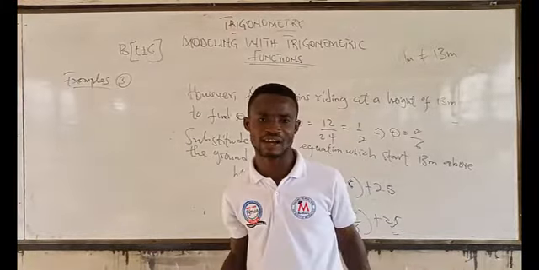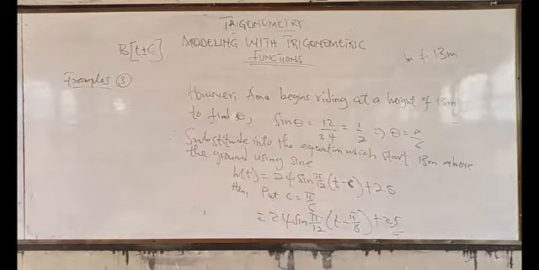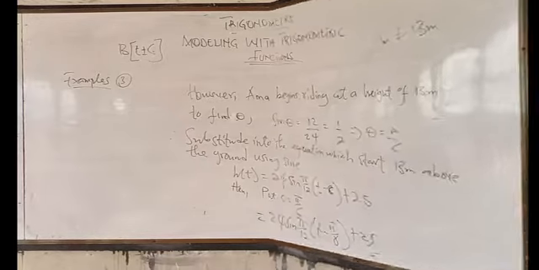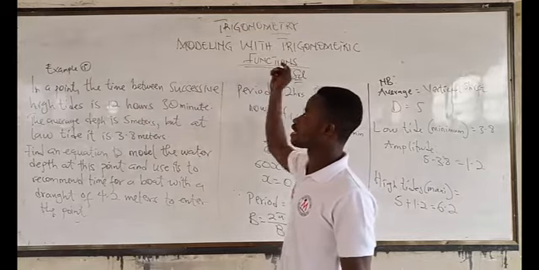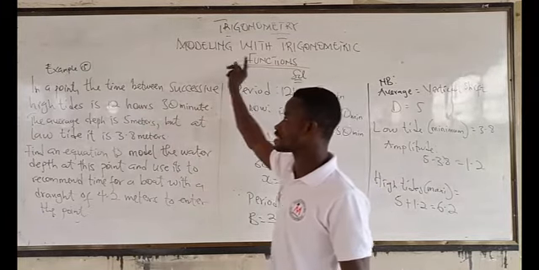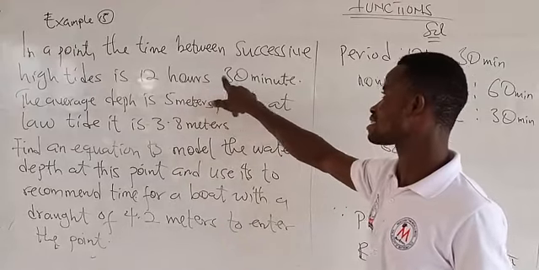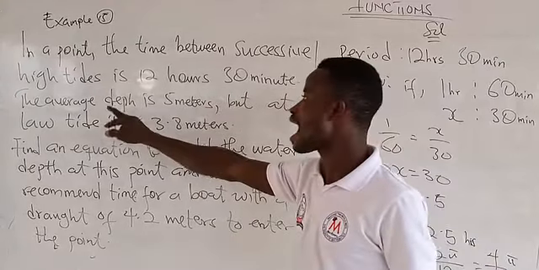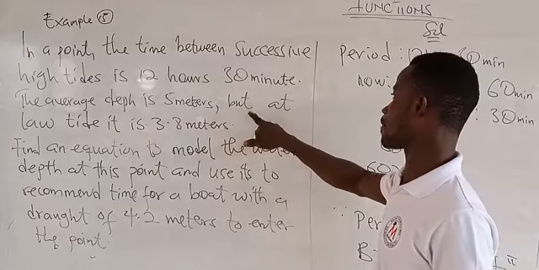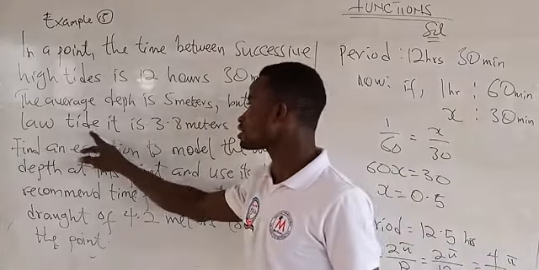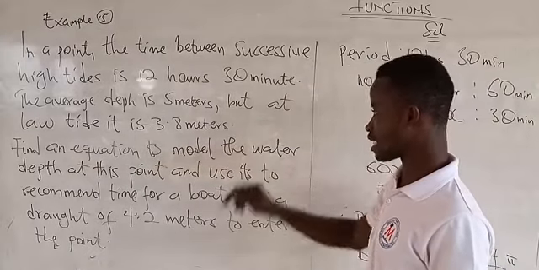Now we'll be looking at our last example. Let's wrap up. In a point, the time between successive high tide is 12 hours 30 minutes. The average depth is 5 meters, but at low tide it is 3.8 meters.